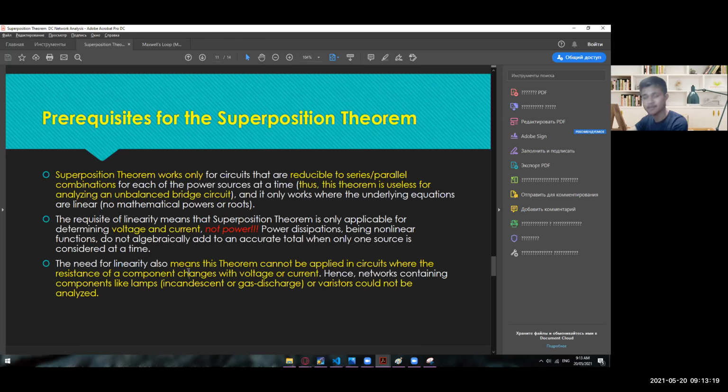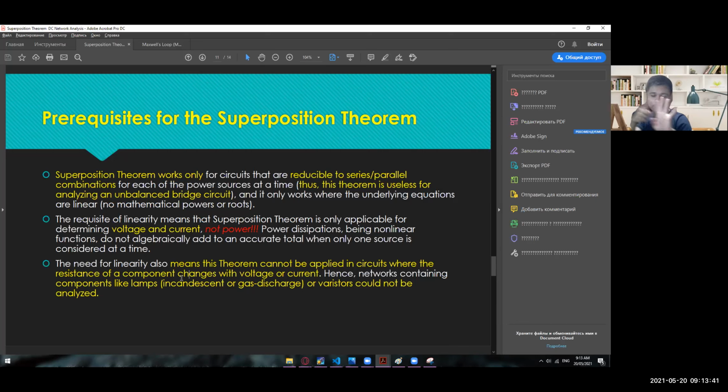It might explain it to you in 1 to 2 to 3 minutes. Or to make it simple, when we say linearity, we only have these three components that we could consider: the voltage source, the current source, and the resistor.